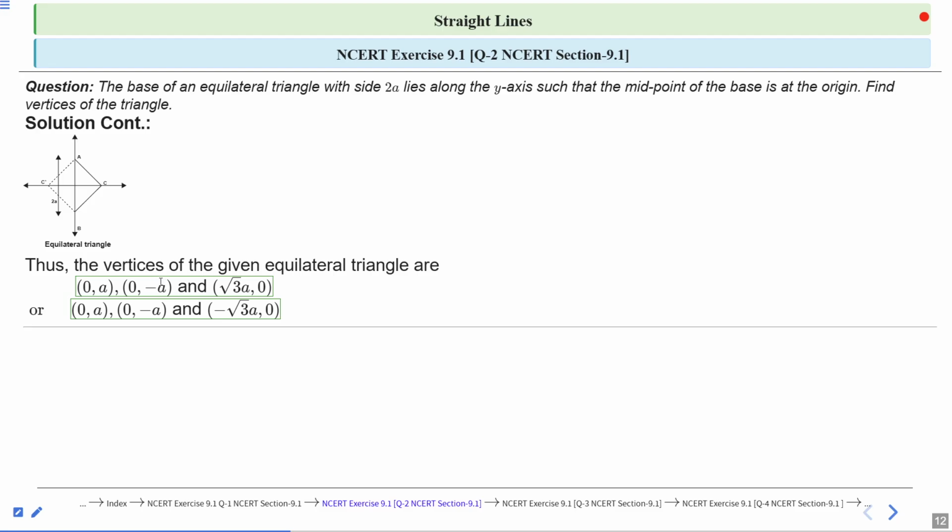So the vertices of the triangle are (0, a), (0, minus a) and (root 3a, 0), or (0, a), (0, minus a) and (minus root 3a, 0).